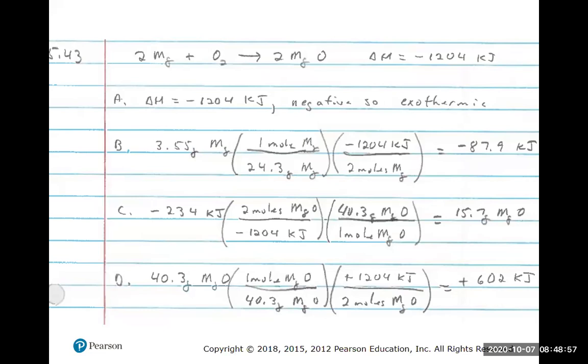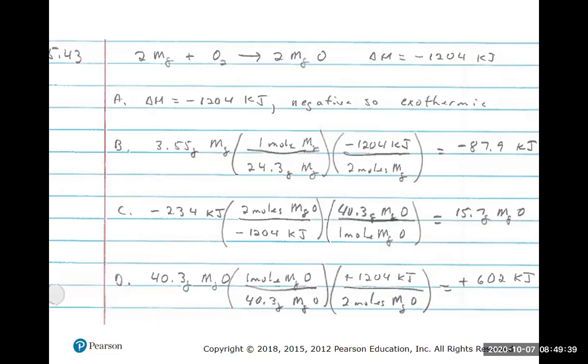So if we start with 3.55 grams of magnesium, and we look up the atomic weight of magnesium, it is 24.3. And so now we've converted it into moles. Because we're into moles now, we can use that to get a feel for the energy that's involved. We were told that for this reaction, delta H is minus 1204 kilojoules. But if we look at the reaction stoichiometry, we see that 2 moles of magnesium is what's involved in this reaction.